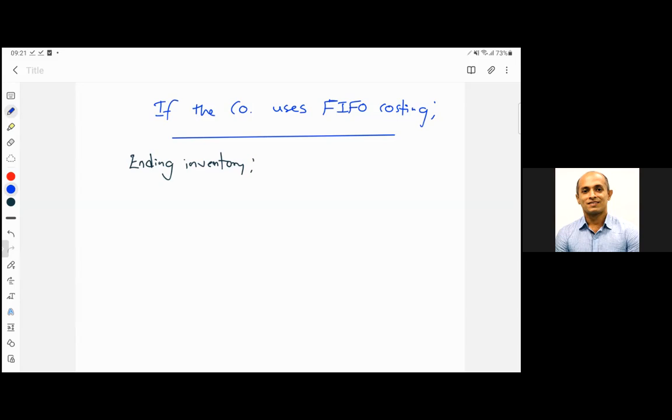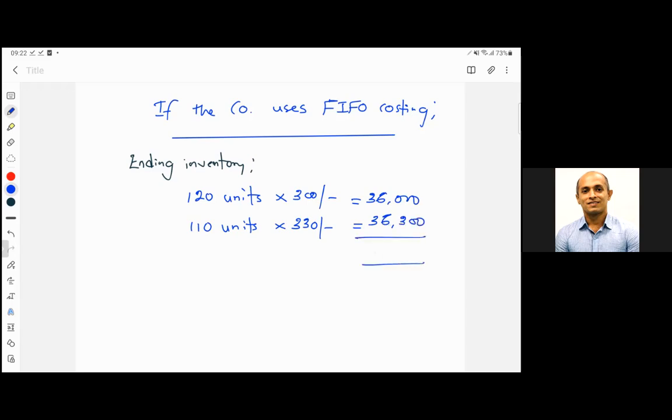Then you see 230 valued at current prices. You see current prices: 120 units at 300, which is 36,000, and 110 units at 330, which is 36,300. Total 72,300.